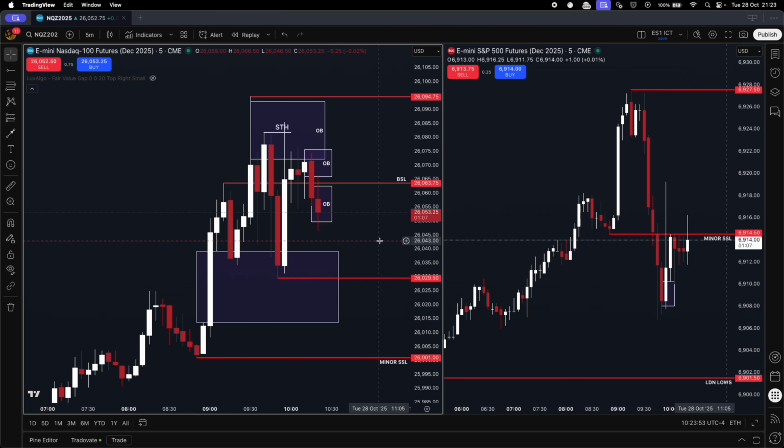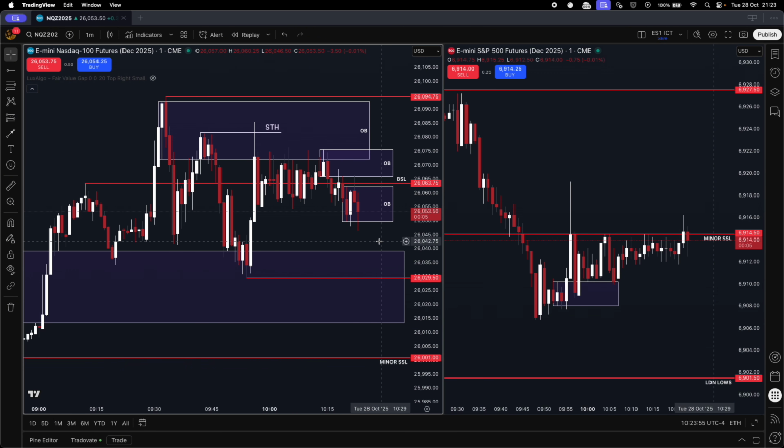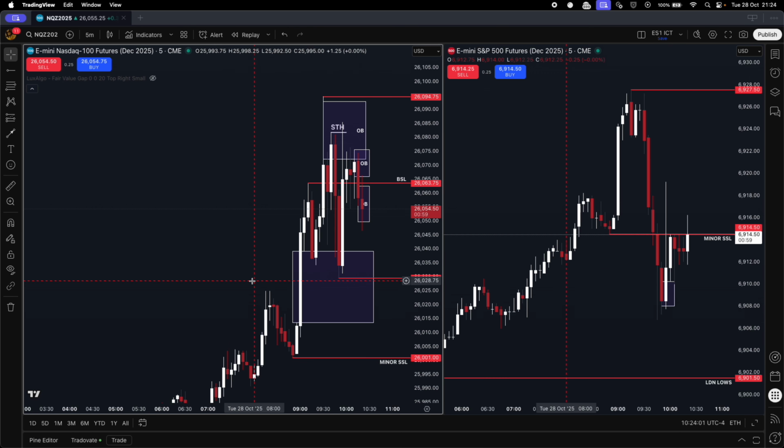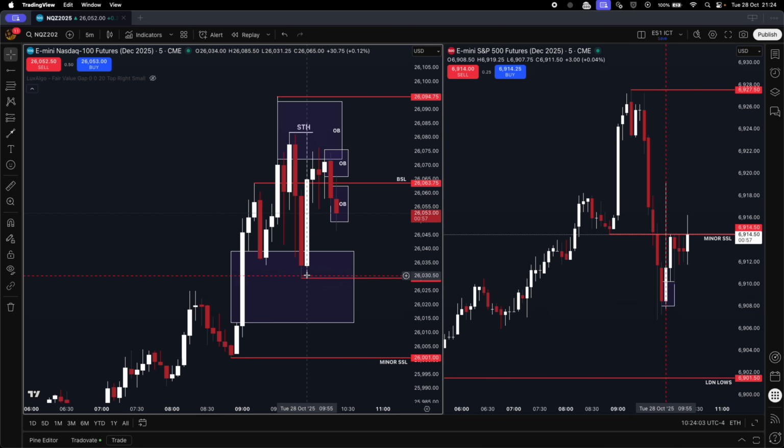For example, if we were looking for a shift in market structure lower, price is not shifting lower to shift below this low. If you look on the 5 minute, it appears as a point of minor sell side. So it's an actual 5 minute swing low. There's a difference. It's not a shift. So if we shift lower but then, while looking for shorts, we ended up taking this low, this would invalidate shorts.